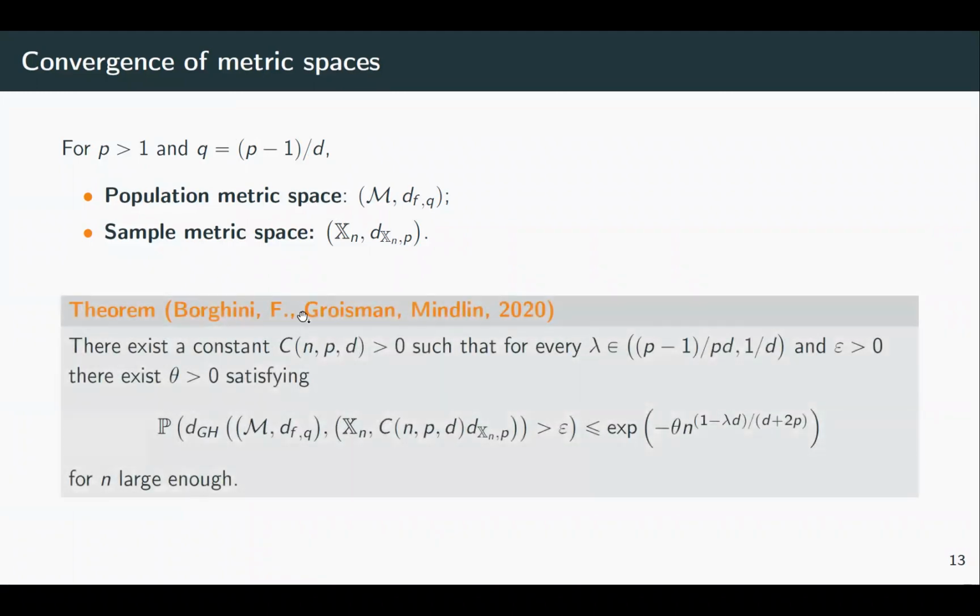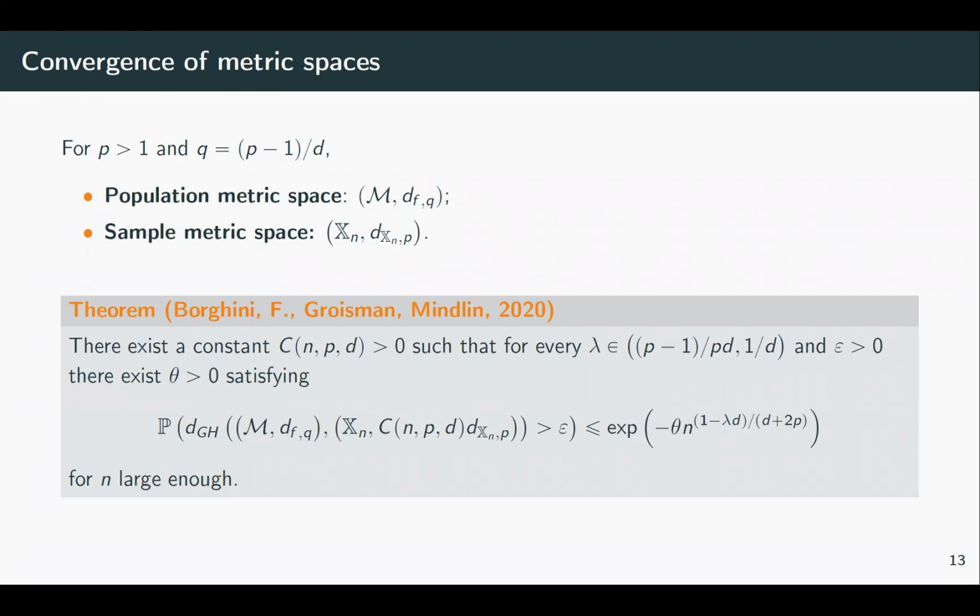So what we prove is this result of convergence in the sense of Gromov-Hausdorff of these two metric spaces, okay? We need some rescaling of the sample distance, and we have this exponential rate of convergence, okay?